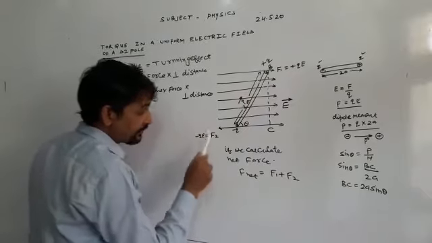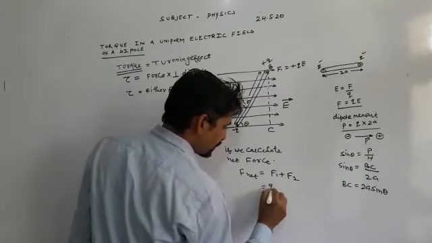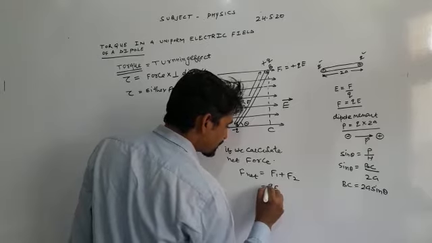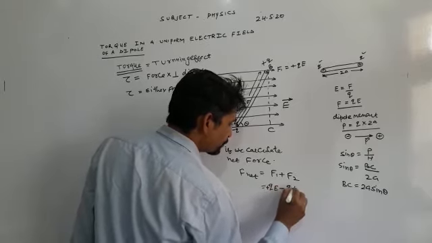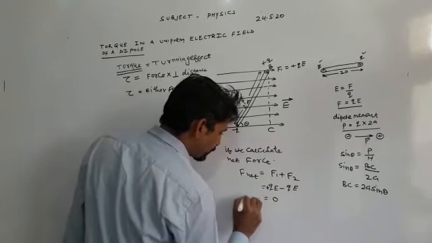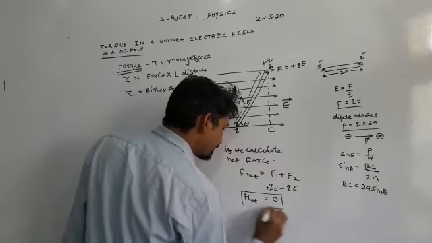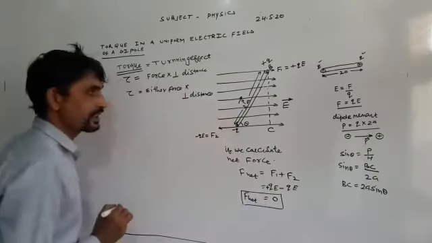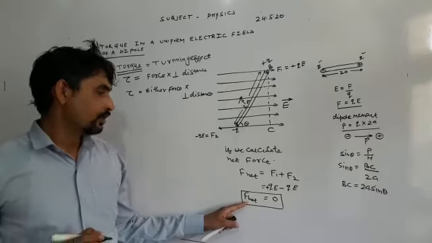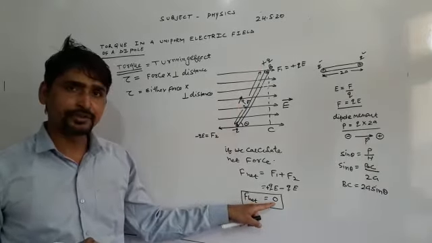And what is F2? Minus QE. It means QE plus QE minus QE equals 0. So net force on a dipole is 0. Very important condition: net force on a dipole is equal to 0.